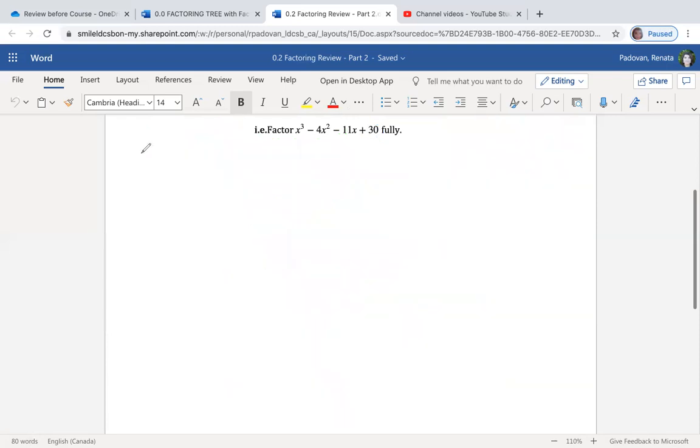So if I'm doing it the long division way, I take my factored answer that I just received, which was x minus 2, and I divide by my original, right up here, x cubed minus 4x squared minus 11x plus 30.